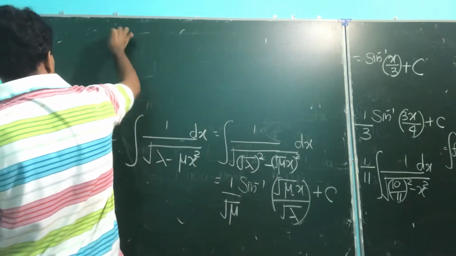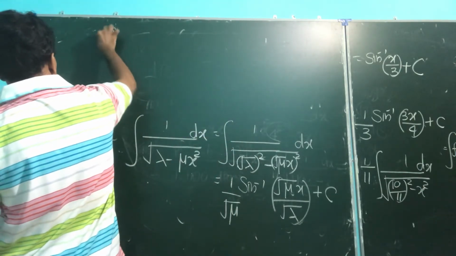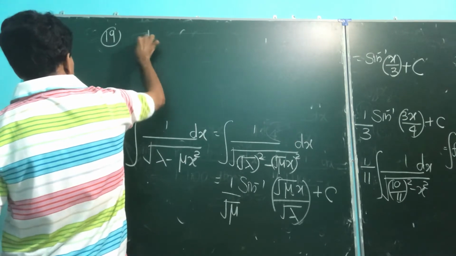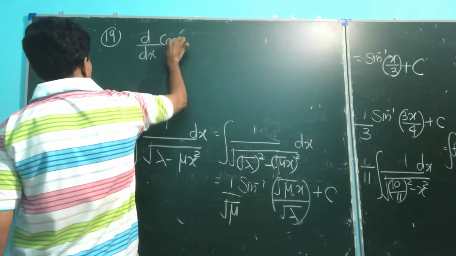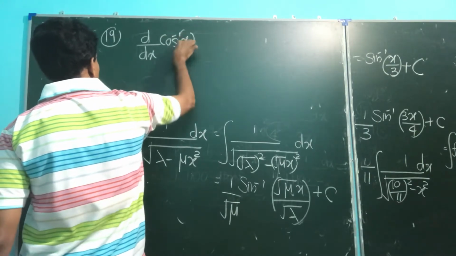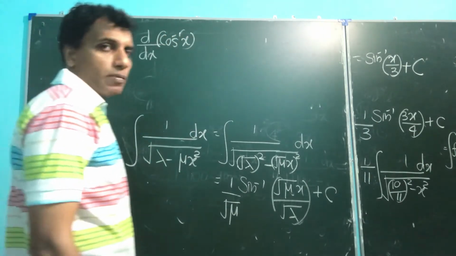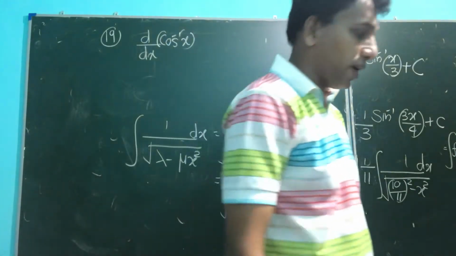Next theory is in number 19, the 19th one. See what is d over dx of cos inverse x. What is cos inverse? And from there build up a general form of the integration.